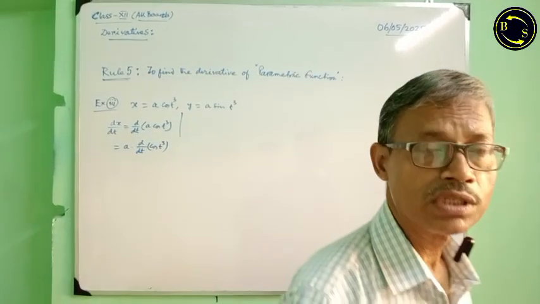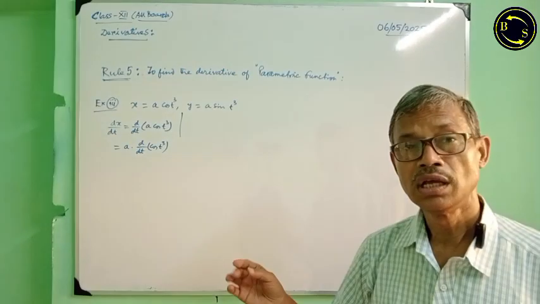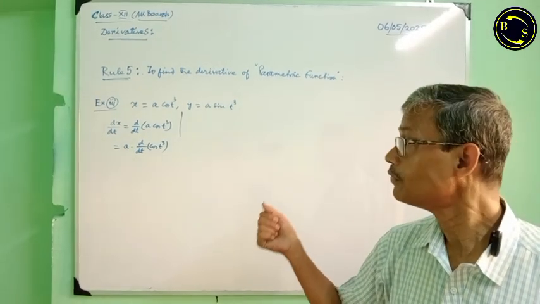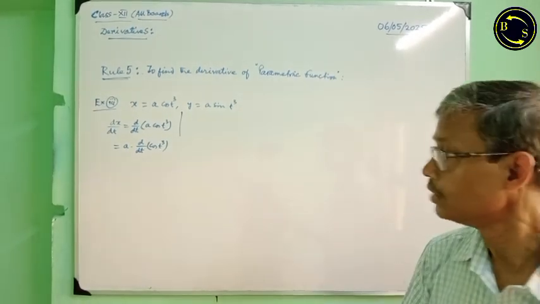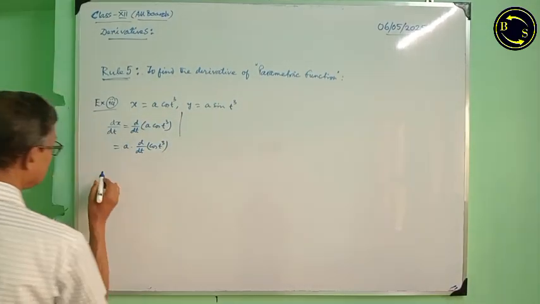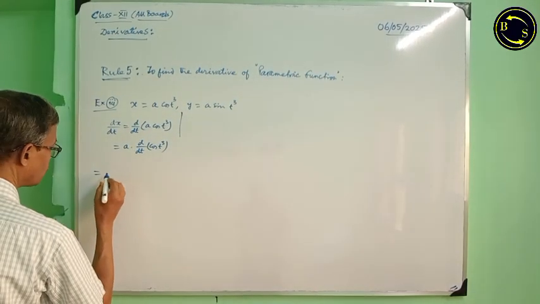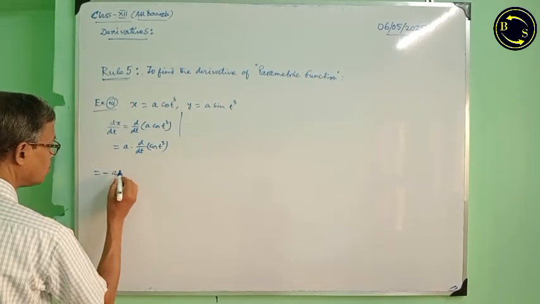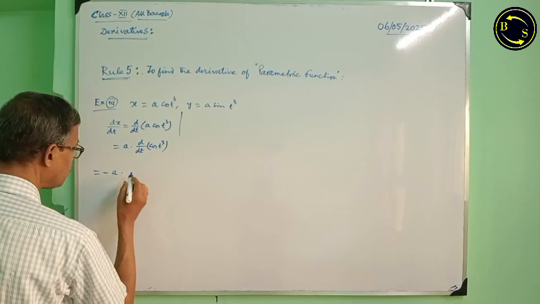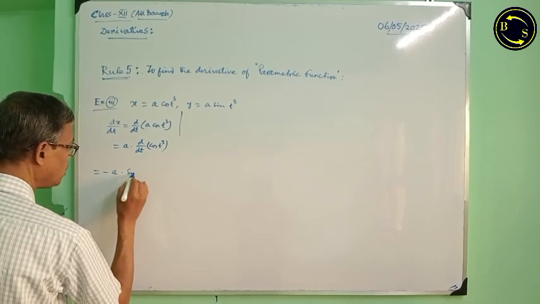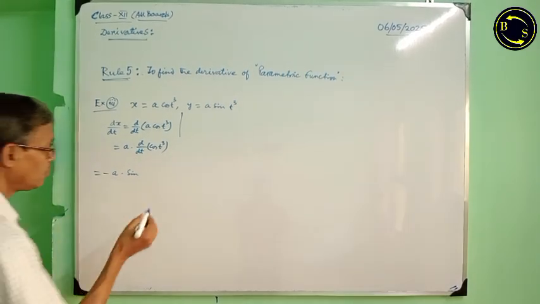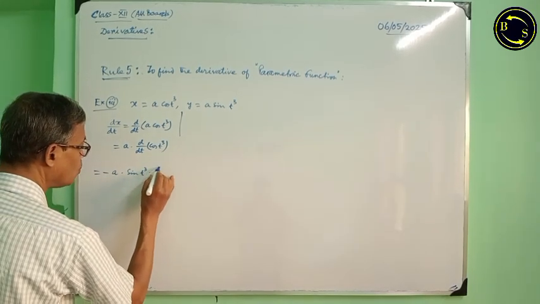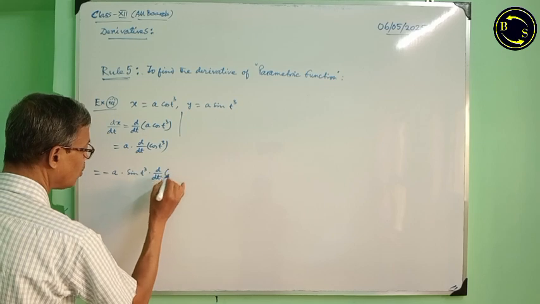We have to consider t cube a new variable, say u. That means you have to first find d/du of cos u into du dt. First of all, cos function is there, therefore finally it will be minus sine u, that is minus sine t cube into d/dt of t cube.